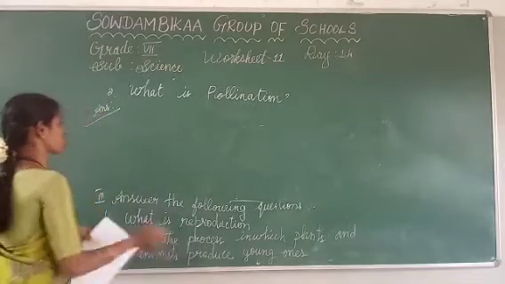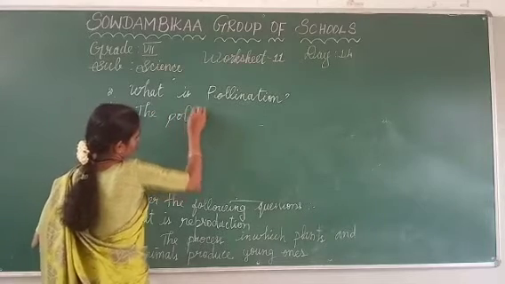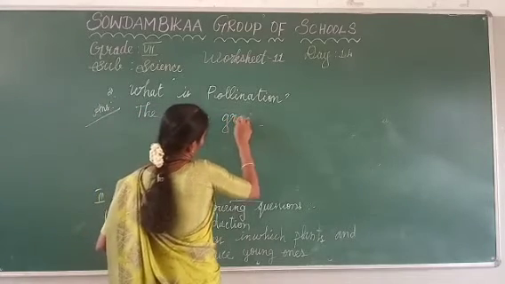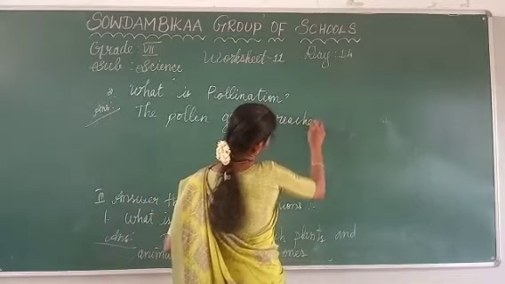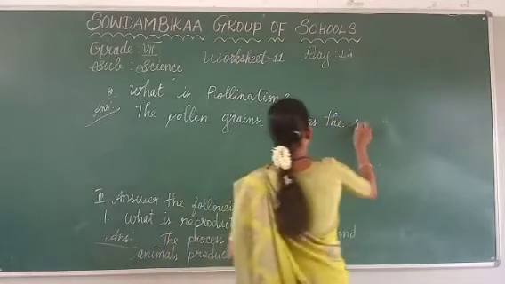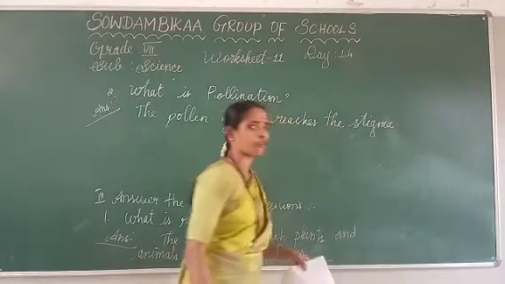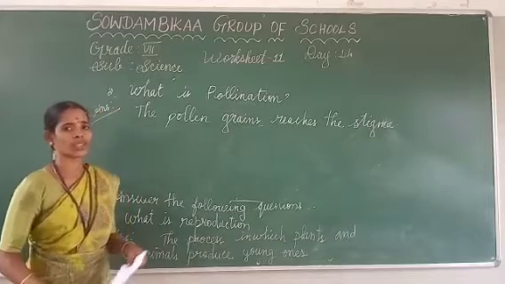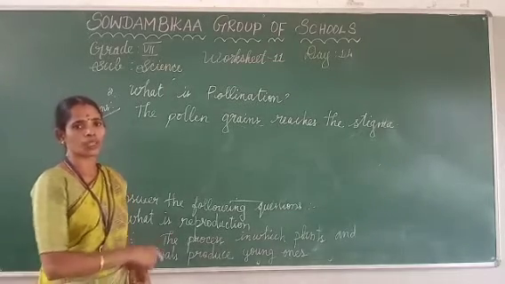So the pollen grains reach the stigma. Also we can say the pollen grains reach the stigma, as well as we can say the transfer of pollen grains onto the stigma. Also we can write. Okay. Are you clear? I hope you will be correct, everyone.